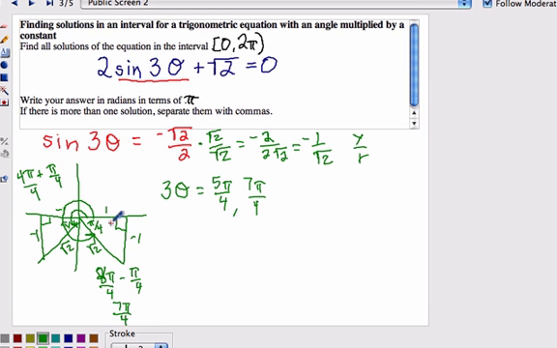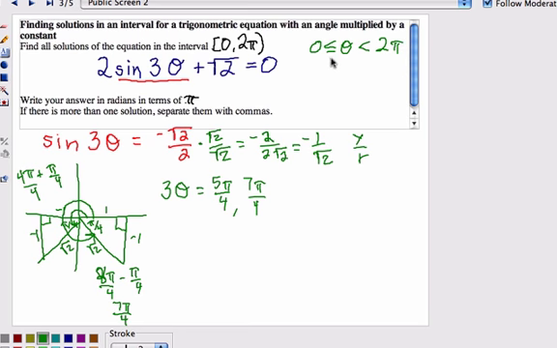Now I probably should have done this first for you so you could see the interval, so you know, do I keep going? Because this is 3 theta, what I want you to realize is your answer, what you're looking for, is theta. And we want theta to be in between 0 and 2 pi.